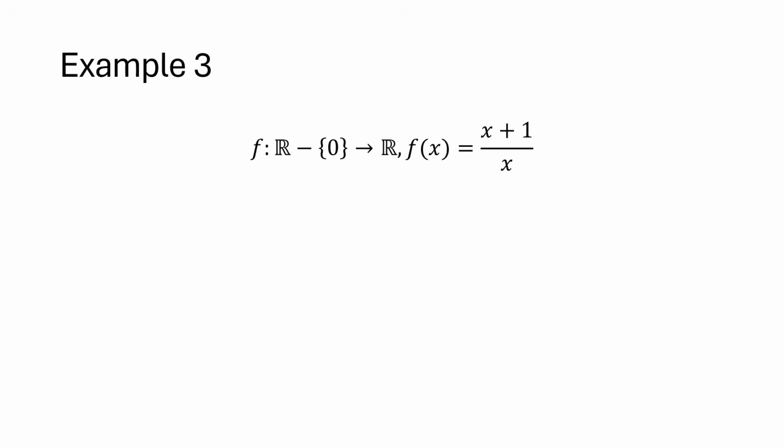I'm just going to start here, not with a formal proof, just to show you how we would tackle something like this if we didn't know what was going on. So what I'm going to start with is I'm going to say let B be an element of R. In this case, this refers to the codomain.